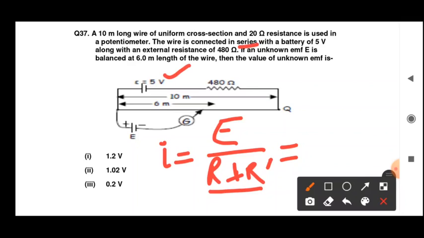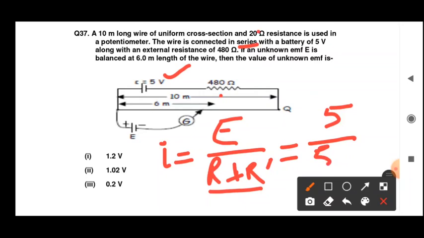Yeah, here this is given as 5 volt. So in the figure it is now 5 volt, and R plus R dash is 480, R is given to us, that is 20 ohm. So 20 plus 480, if you solve that, this is equal to 500.